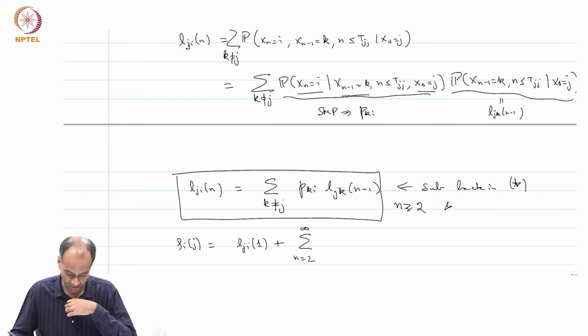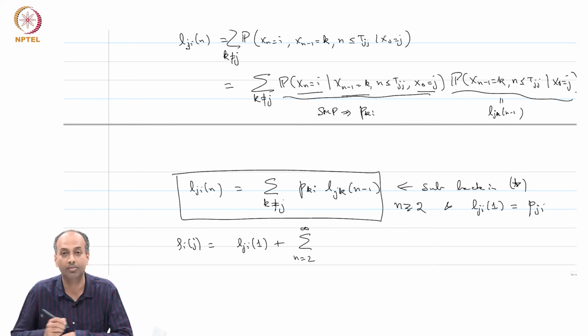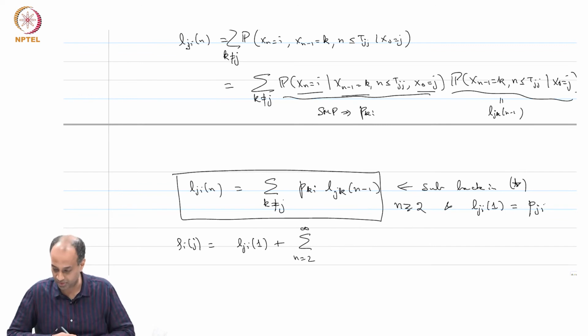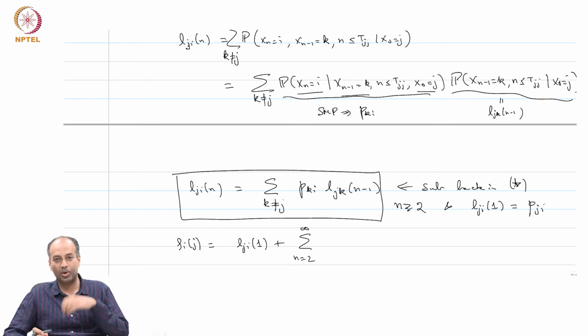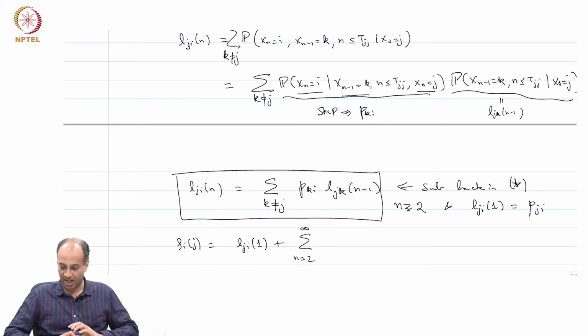And what is L_ji of 1? L_ji of 1 is equal to simply P_ji. It is the probability that I find myself in state i given that I started in state j. L_ji of 1, I have to go to state i at time 1 given that I started at state j, which is simply P_ji.